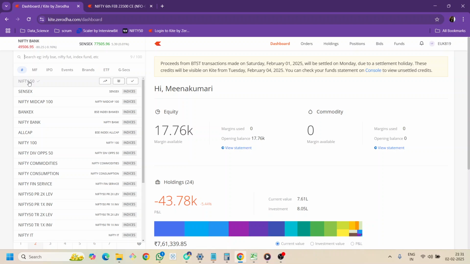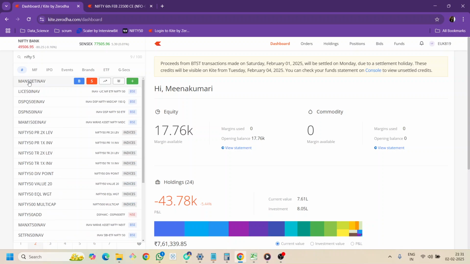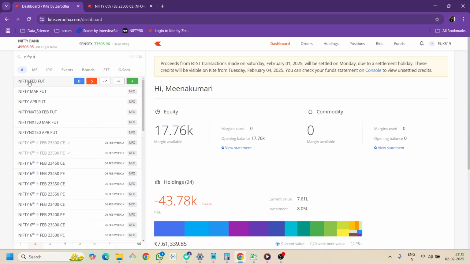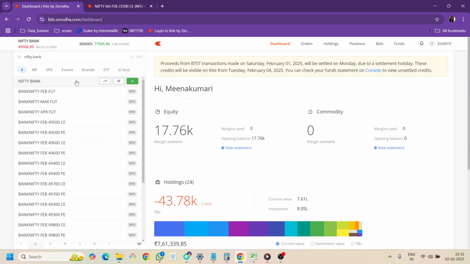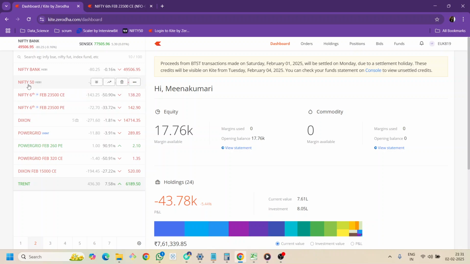Coming to Nifty 50, just type Nifty 50, or if you want Nifty Bank, just type Nifty Bank. Like that, automatically the indices list will come. In my case, I have already selected Nifty 50 here, you can see it.